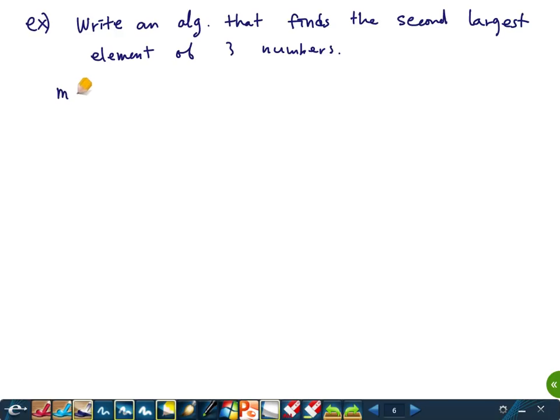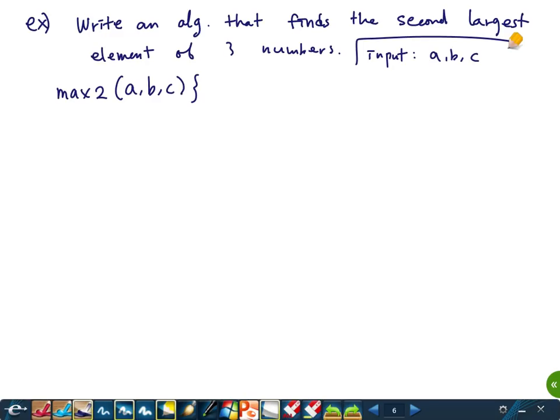So let's name it max2, ABC. So what is the input? Input will be a list of 3 numbers, ABC. But let's also assume that they're distinct 3 numbers.